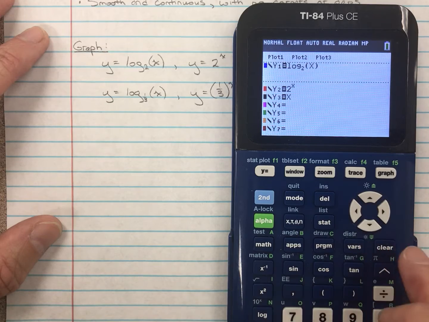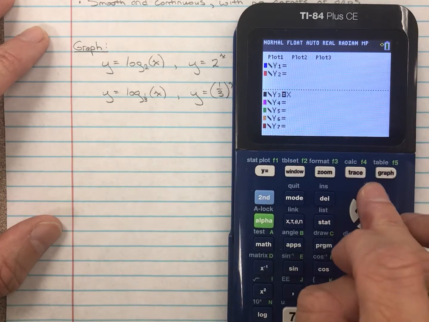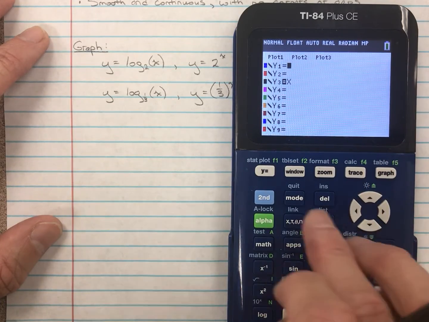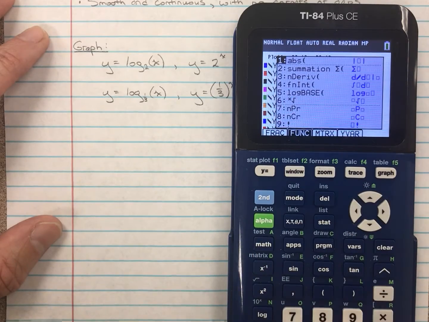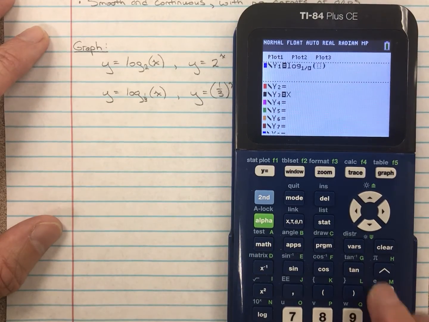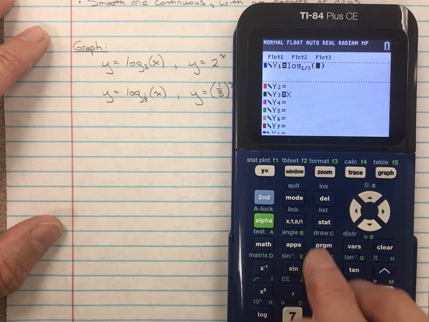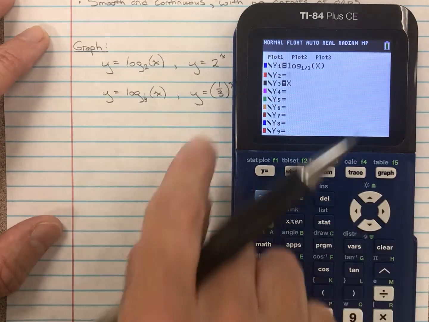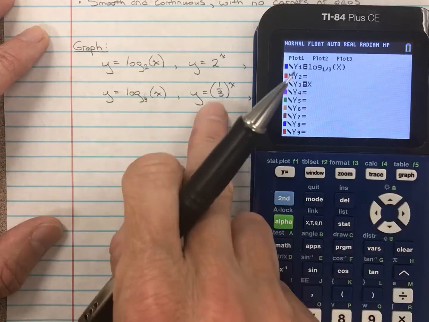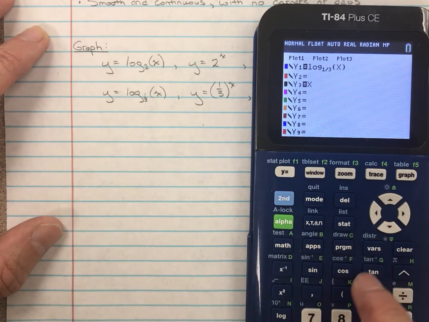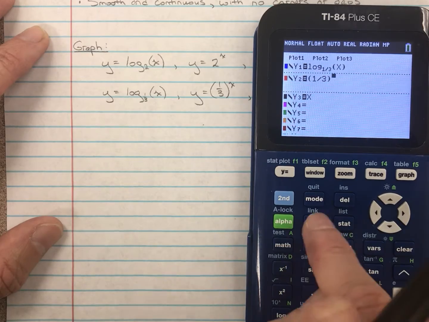Okay, so let's clear these two out. I'll leave y equals x in there. This is going to be the log base 1/3 of x. And the second one is going to be 1/3 to the x. So I'll put in parentheses 1/3, and I'll raise that to the x power.